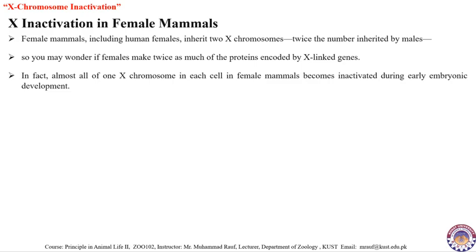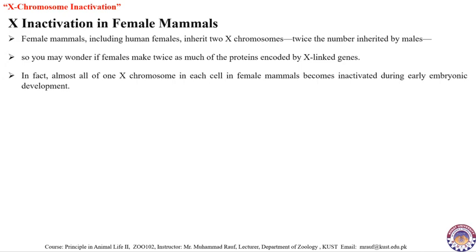In fact, almost all of one X chromosome in each cell in female mammals becomes inactivated during early embryonic development. This means the female is not even born yet.